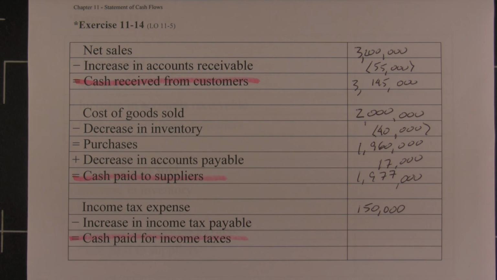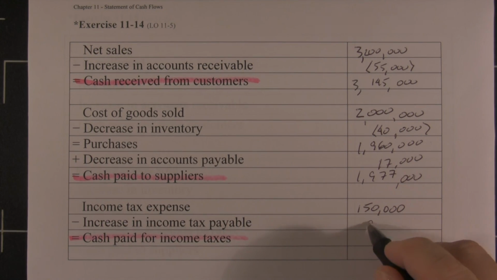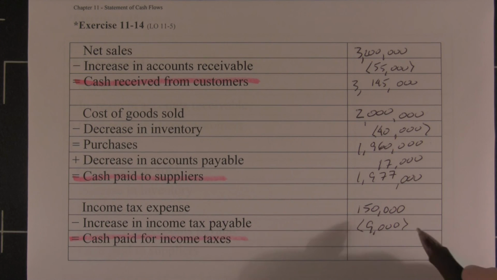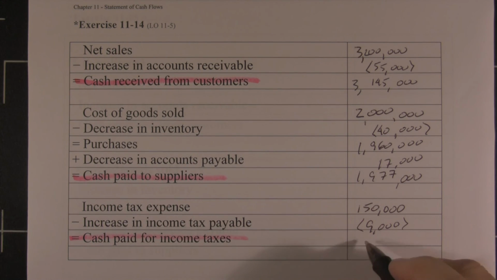Now our income tax payable went up by $9,000. So we did not pay that increase in our tax payable for income tax expense. So $141,000 is cash paid for income taxes.